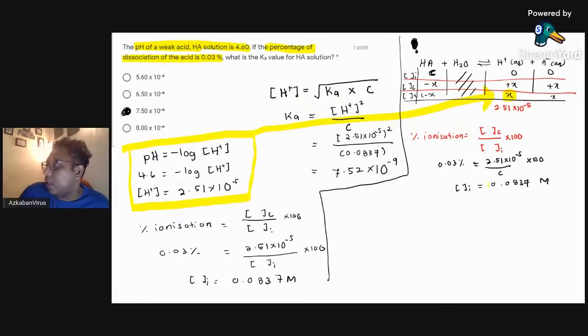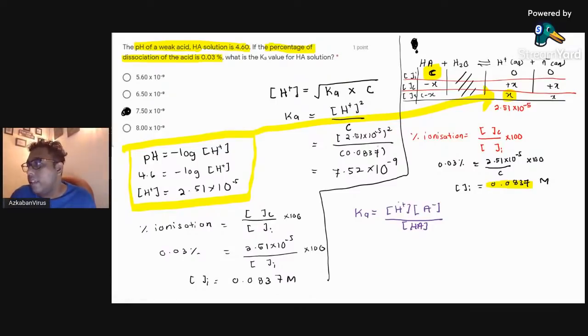Yang saya highlight ni, ini adalah untuk yang ini. Kita tahu bahawa Ka is equal to concentration of H plus darab concentration of A minus bahagi dengan concentration of HA. H plus adalah X, ini adalah X. So sebab tu dia dapat square dekat situ.